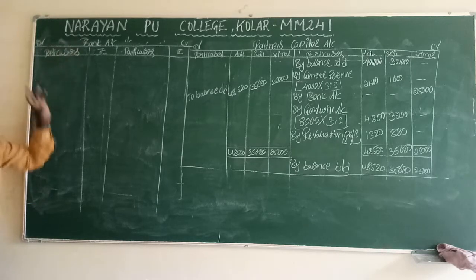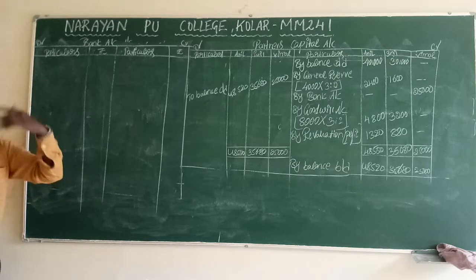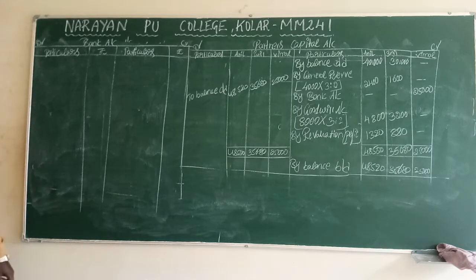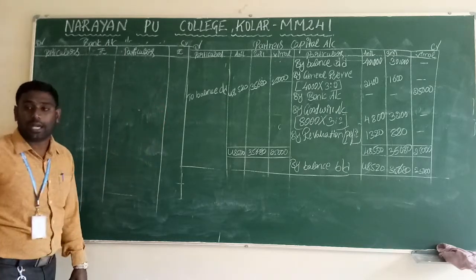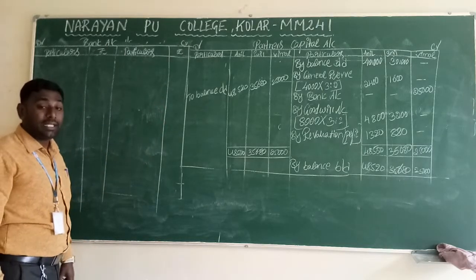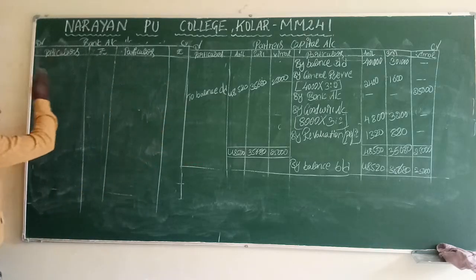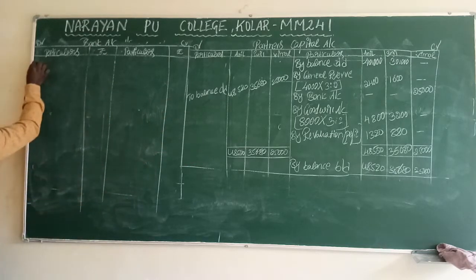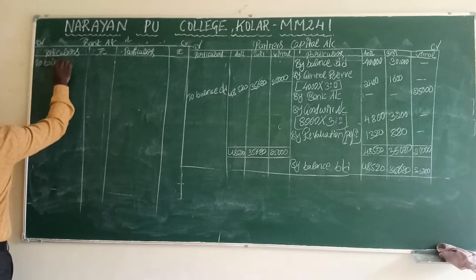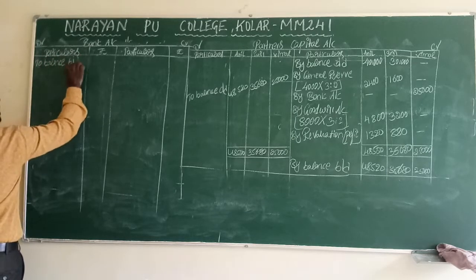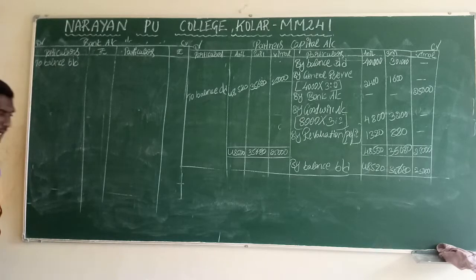Suppose we are preparing the cash account, we won't mention cash in that account. Instead, we record "To balance brought down". We record this value on the debit side because in the balance sheet the previous value is given on the right hand side. Now we transfer it to the left hand side, that is "To balance brought down", which is available in your balance sheet.